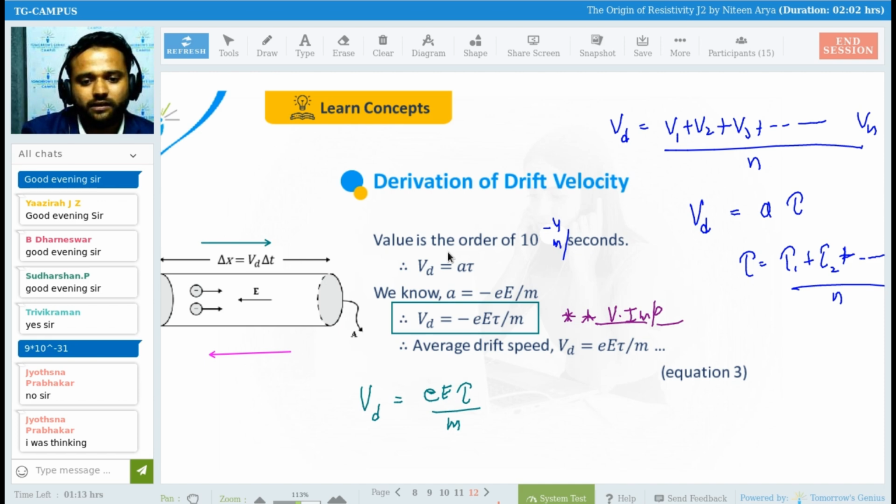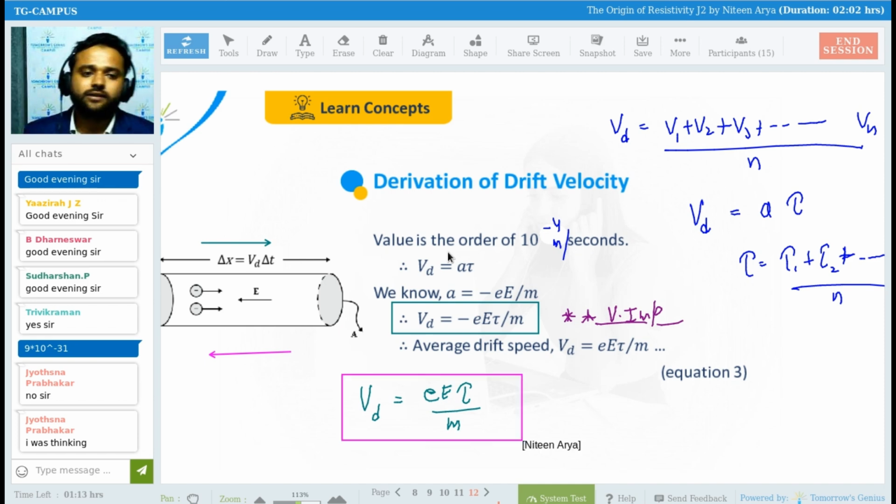We are curious to get the magnitude, not the direction. This negative sign gives us the direction reverse to the electric field, but when we only need the magnitude, we just skip that negative sign, and that is your average drift speed. Clear, everyone? Is this clear with everyone?